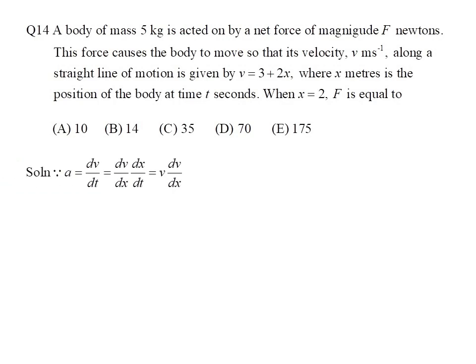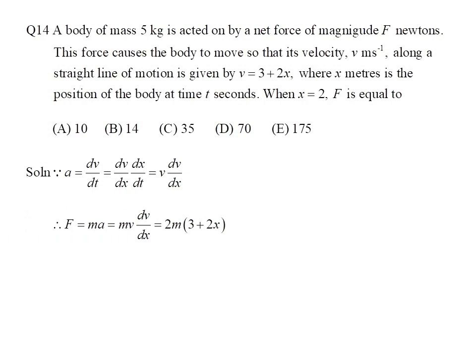Since acceleration a equals the derivative of velocity with respect to time, it can also be written as dv over dx multiplied by dx over dt, which equals v times dv over dx.